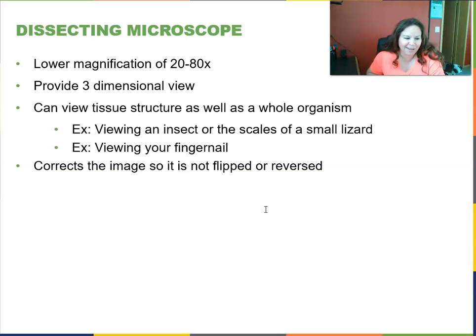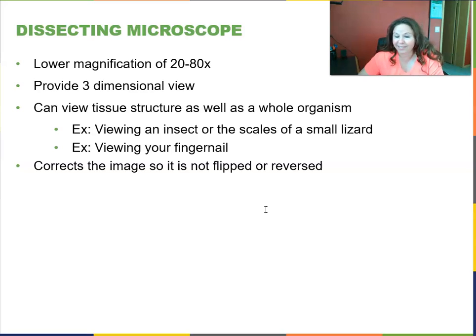So some good examples that I like to use, and what I like to do with the dissecting microscope is look at my fingernails under there. When I look at my fingernail right now, they look like regular fingernails, but under a dissecting microscope, you can see a lot more detail, the detail of your fingernails, the skin around them. You can even see dirt and fibers and things that get stuck onto your fingers.